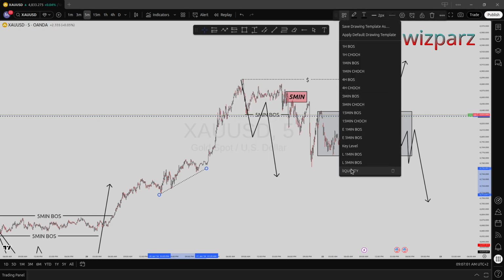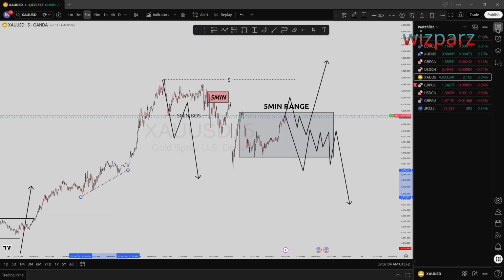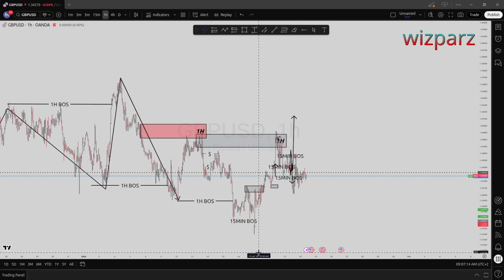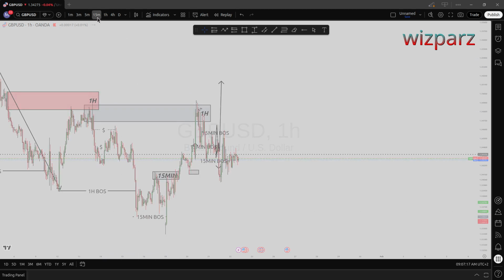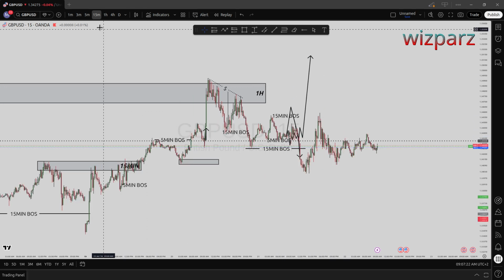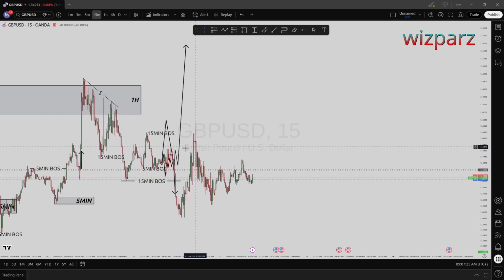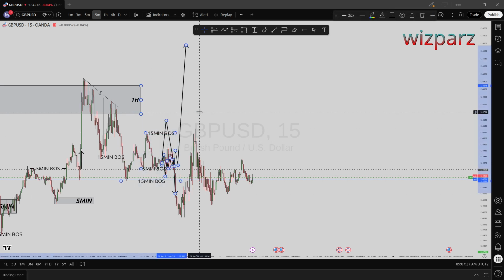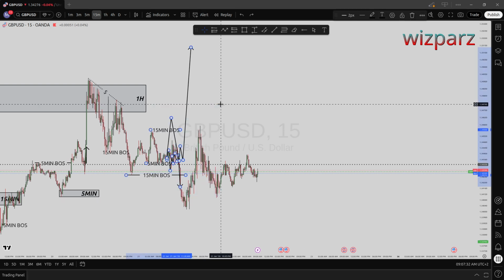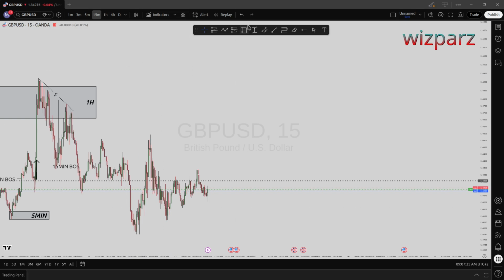Okay, I think this is a long video. Still there is one left to analyze, GU. We can see we are still in a downtrend, and we go to 15 minutes to look for the major area, and we can see that in the 15-minute time frame we are still in consolidation.